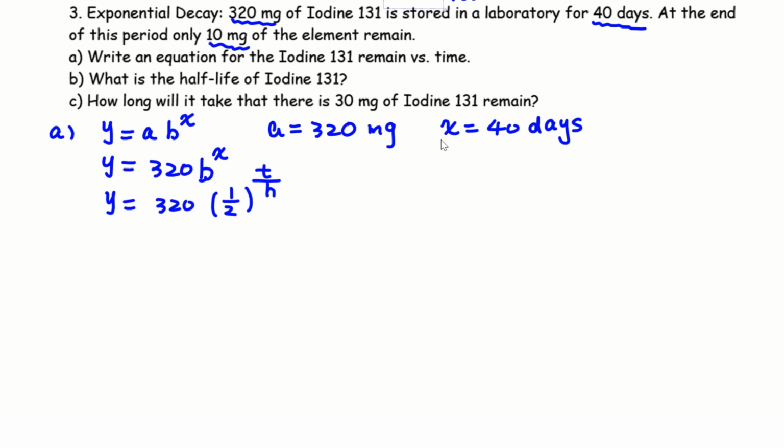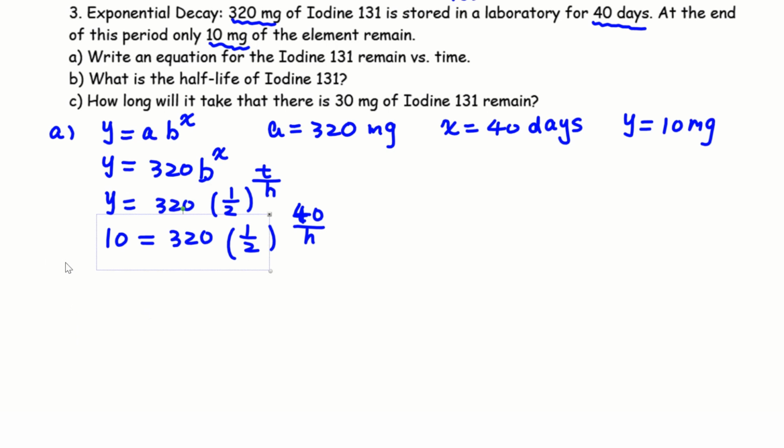And if we sub in the given information, after 40 days Y is 10 milligrams. So we could set up an equation. It will be 10 equals 320 times 1/2 to the exponent 40 over the half-life H.